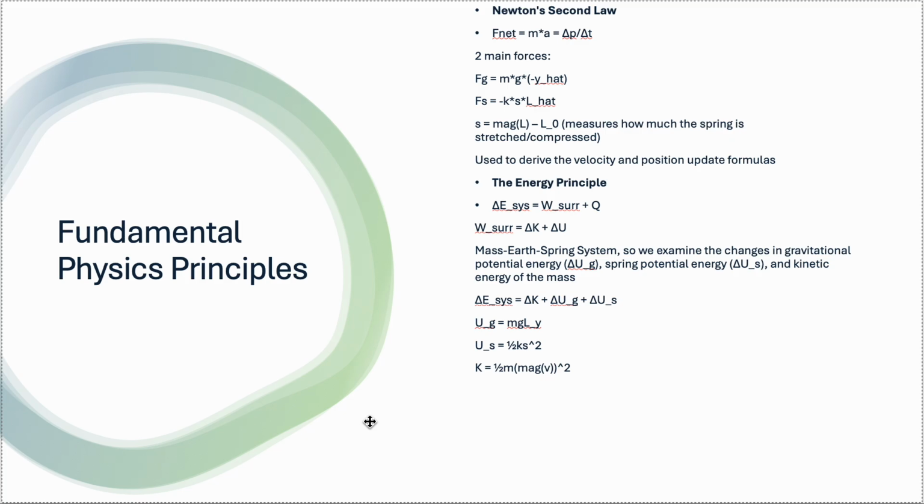So there were two fundamental physics principles used, Newton's second law and the energy principle. Newton's second law, we know F net equals mass times acceleration. Within that, there were two main forces, the force of gravity and the force of the spring.